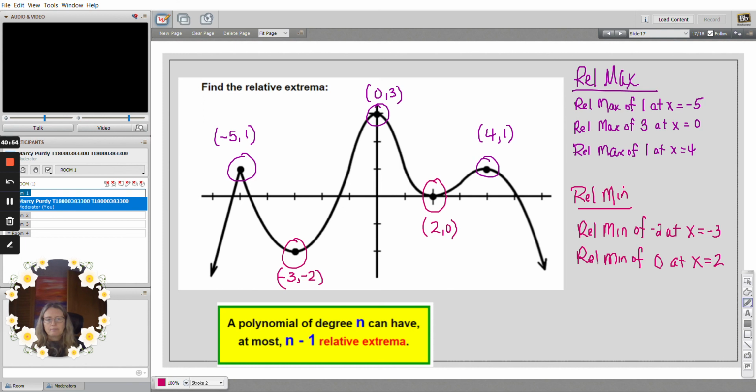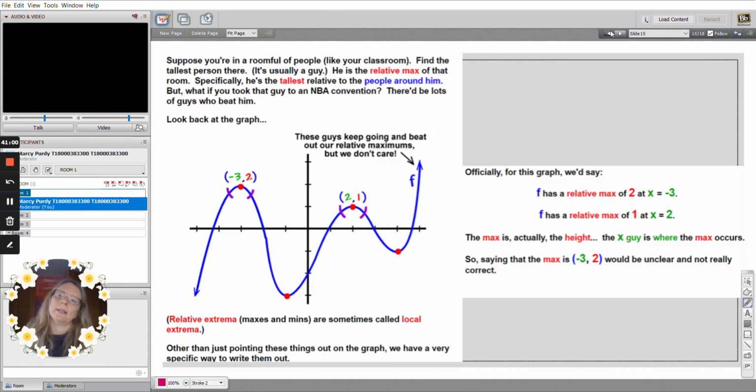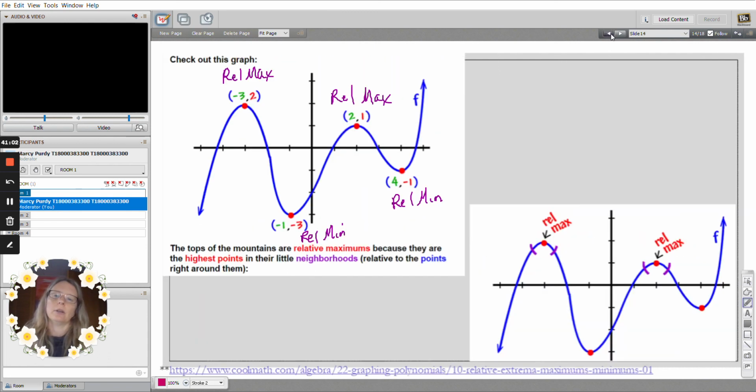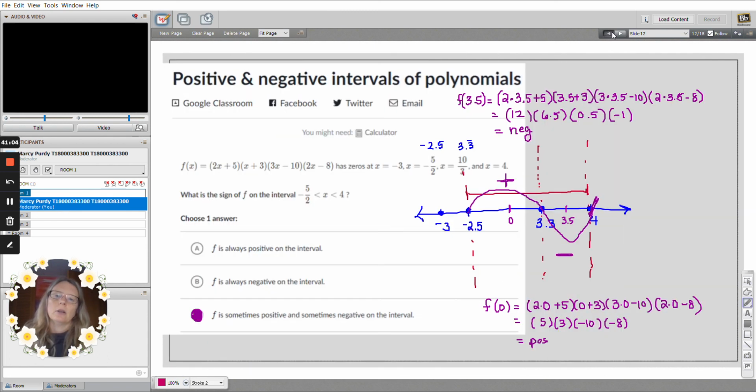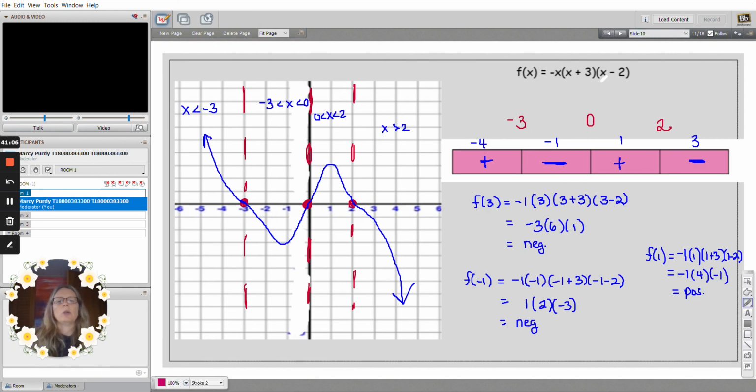Okay, so total. If we go back and look at a couple of our graphs real quick, we said this was degree 3, so we would have at most 2 relative max and min, and you can see we actually have 2. We would have a max here and a min here.